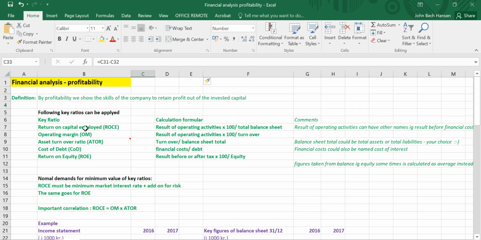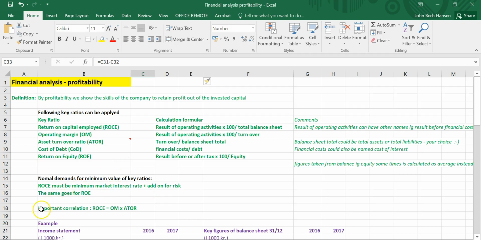Then we would quite certainly give them the message that they're not living up to the market standard in this line of business. And the same goes for the return on equity. Here we also use standard market measurements on how well the company is doing.